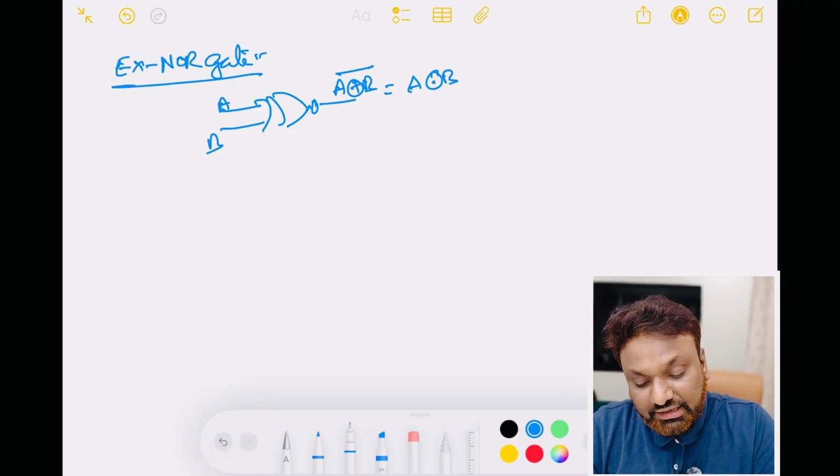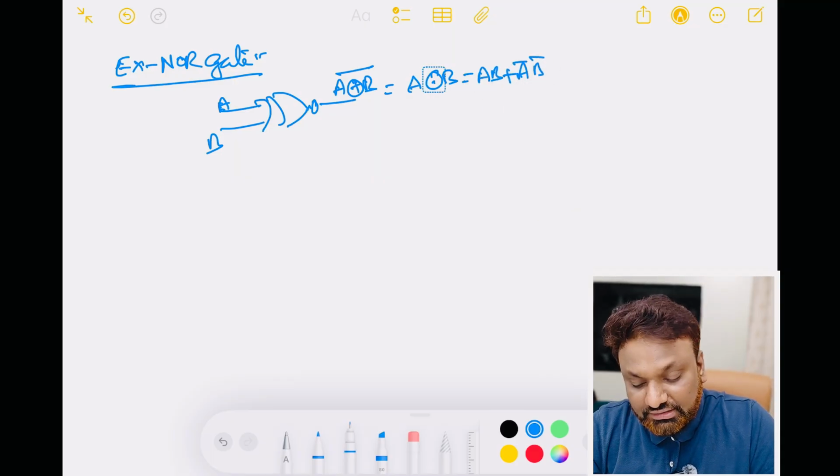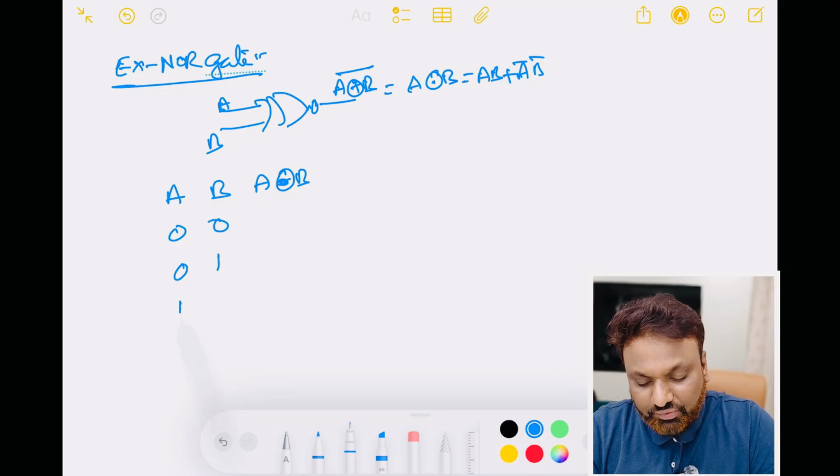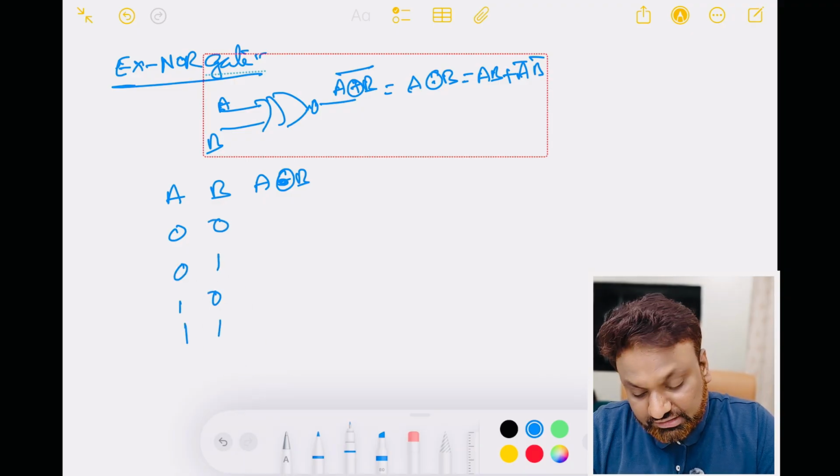Okay, and the equation for this will be AB plus A bar B bar. That also we'll see. So this is A, B, A XNOR B. This is the circle dot, right? 0 0, 0 1, 1 0, 1 1. It is the complement of the XOR gate. So this will be 1 0 0 1, right?